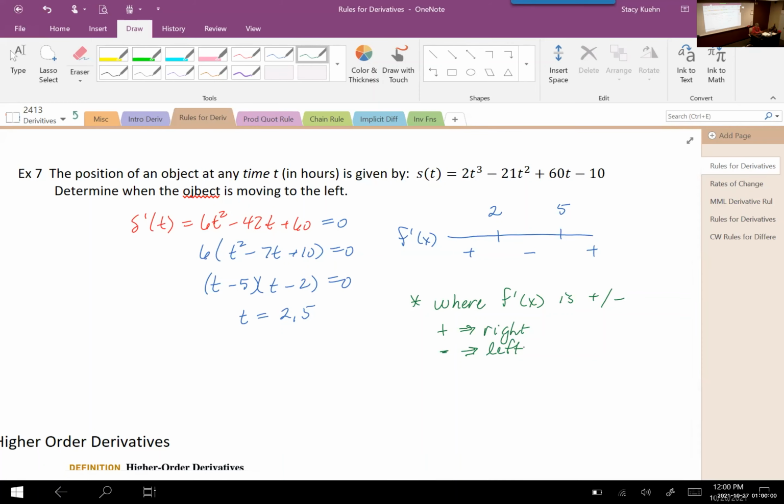So the object would be moving to the left between time 2 and 5. That's what that question is asking. That's all we're looking for here.